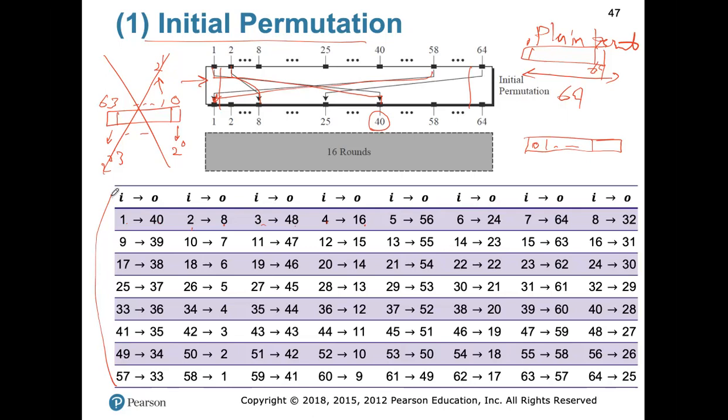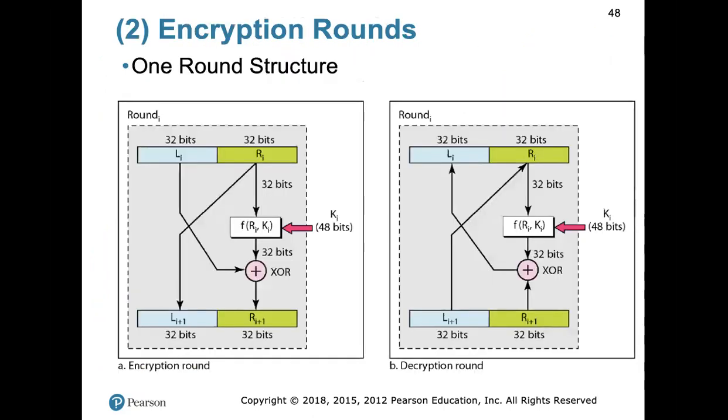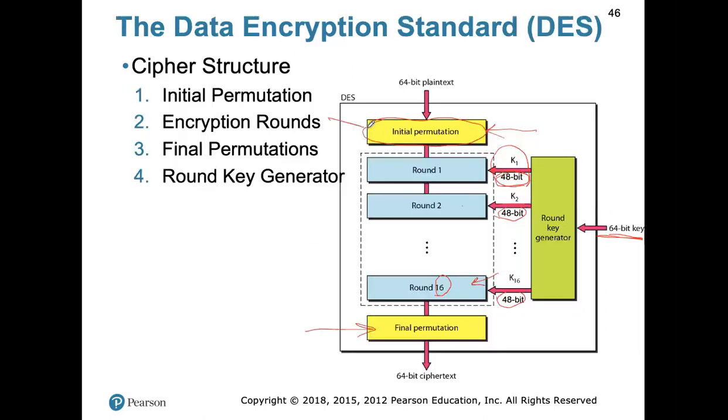So it follows this table in order to apply the initial permutation. After the plain text is permutated, after this step is being done, now the data which is 64 bits is going to be applied to the encryption. The first round starts.